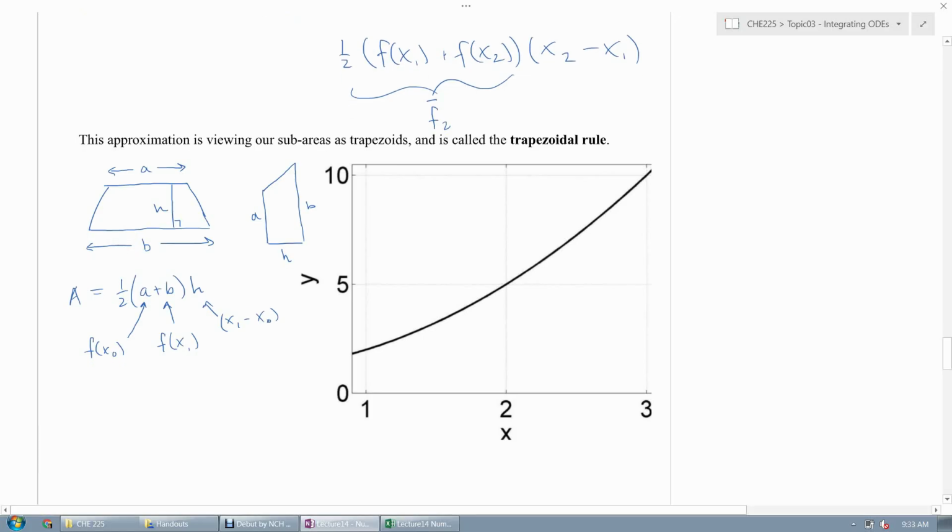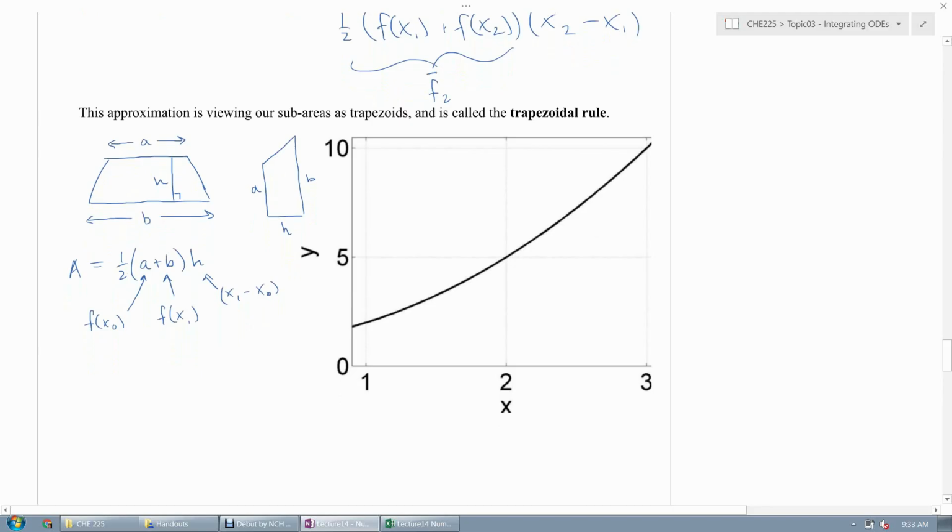And the area of this trapezoid, as I can illustrate it here in the case of our previous example, we have our three f of x's, because we have an x0, an x1, and an x2.